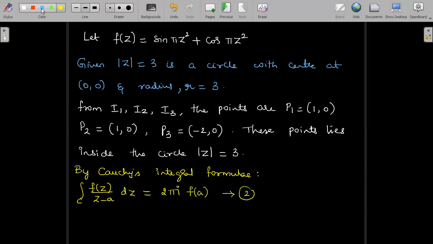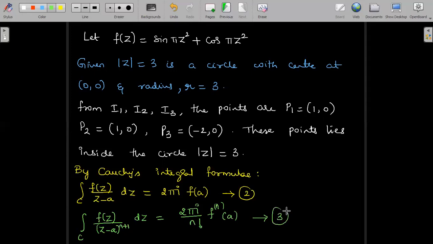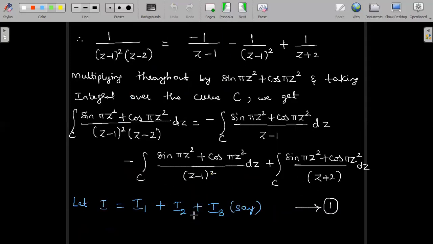This is Cauchy's integral formula, and the other one is the generalized formula. It is the integral over C of f of z divided by z minus a whole power n plus 1 dz, equal to 2 pi i divided by n factorial into f n of a. Let me call this equation 3. Both these formulas we are going to apply now for equation 1, for I1, I2 and I3 respectively. So let me do it one by one.